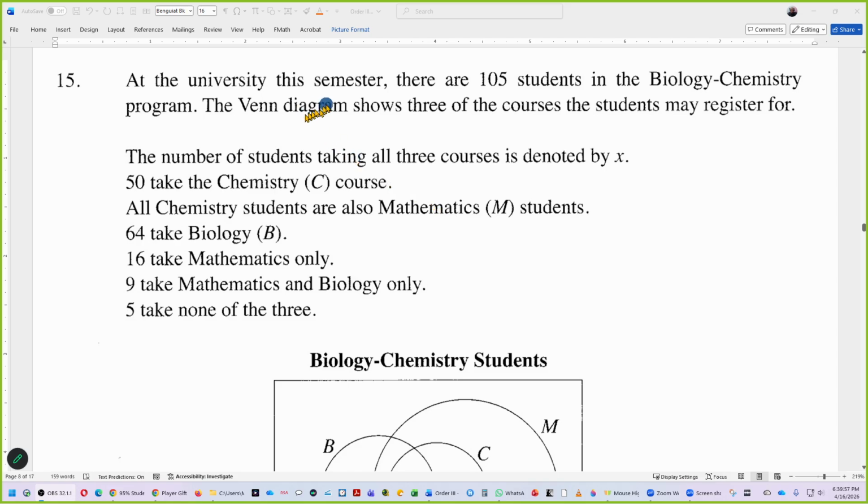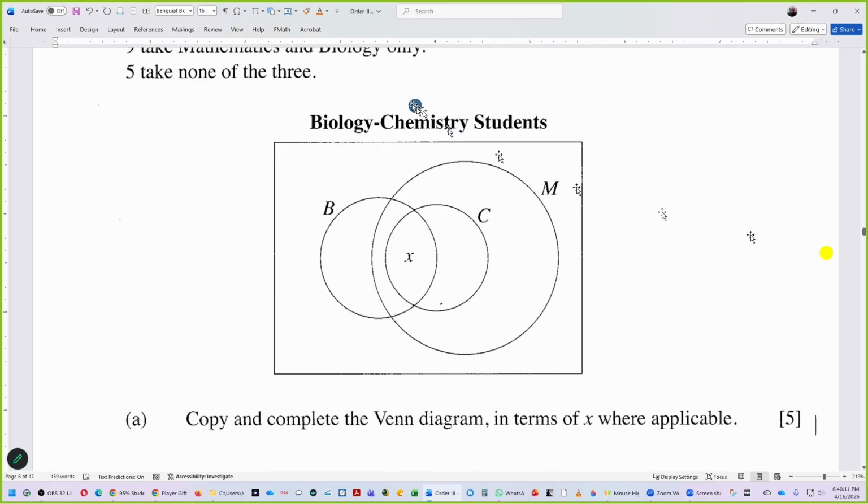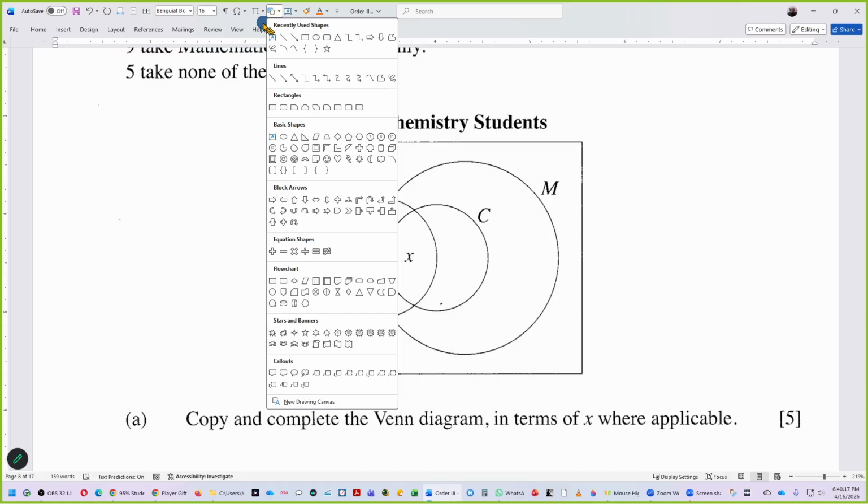It says at the universities this semester there are 105 students in the biology chemistry program. Okay? So what we would need to do is start writing numbers on this.